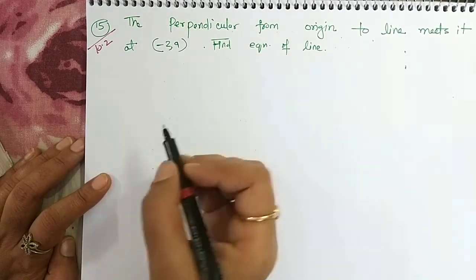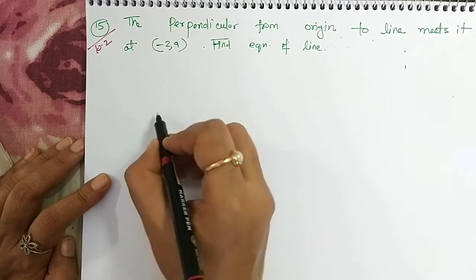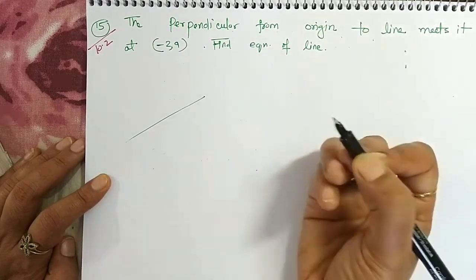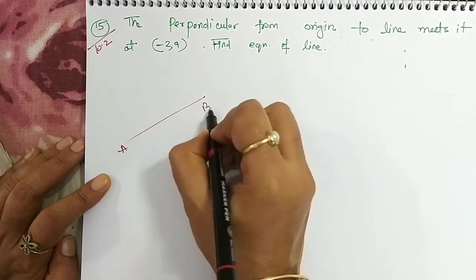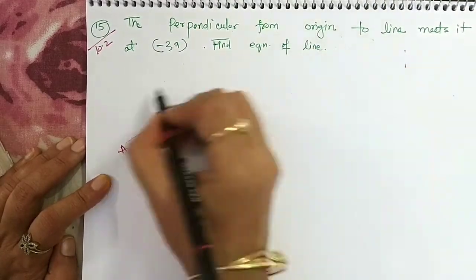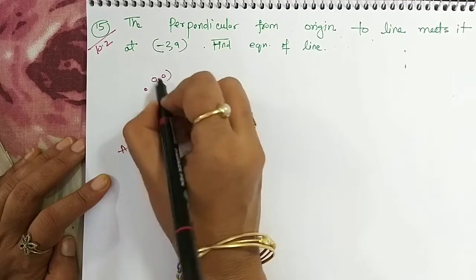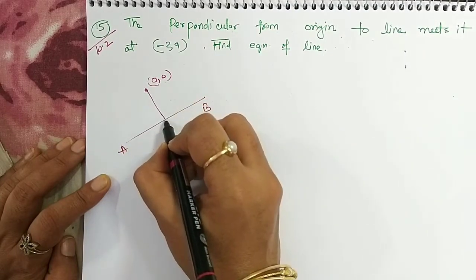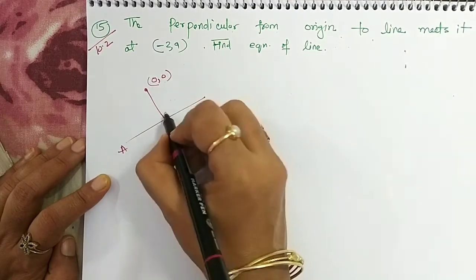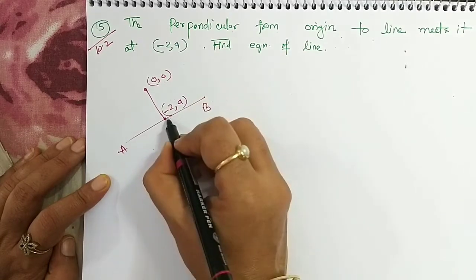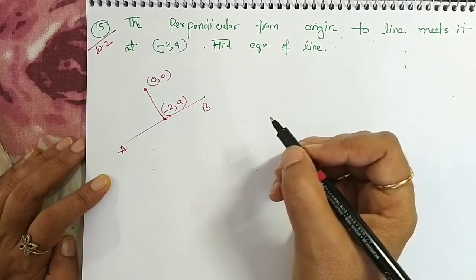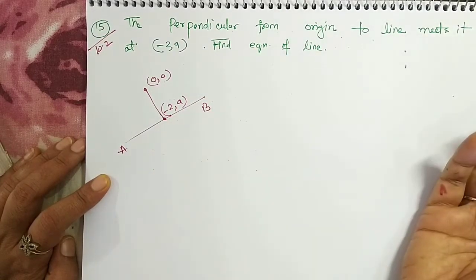So some information they have given that there is some line, there is line AB which is having perpendicular from origin, so this is your origin, to the line which meets at point minus 2 comma 9 at this point. Find the equation of line.